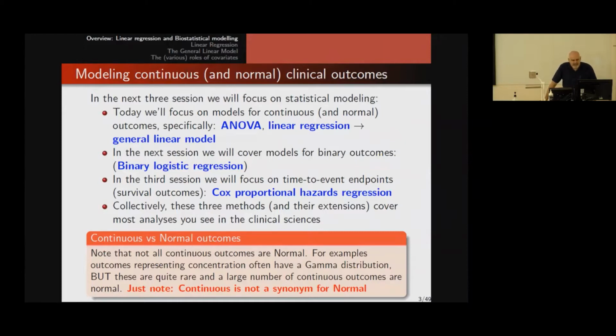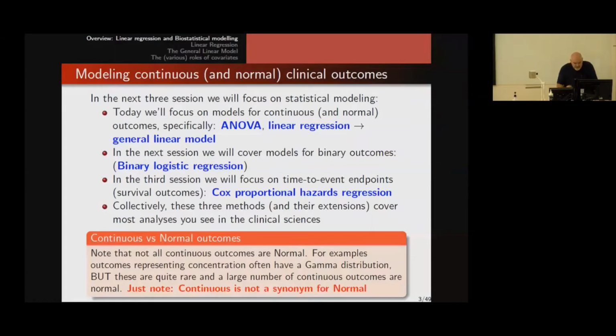So I will say collectively, these three types of models and their extensions, I should make a point, and their extensions really do cover probably about 90% of statistical models and statistical analyses I actually see as a professional biostatistician.